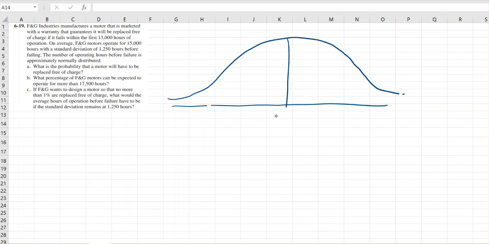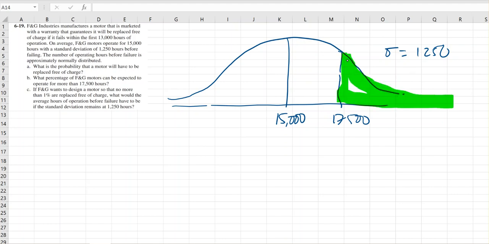The mean is 15,000, the standard deviation is 1250, 17,500 is to the right of this. And we want to see what percentage of the motors can be expected to operate for more than 17,500 hours. So we're looking for this part here, right? The green part.